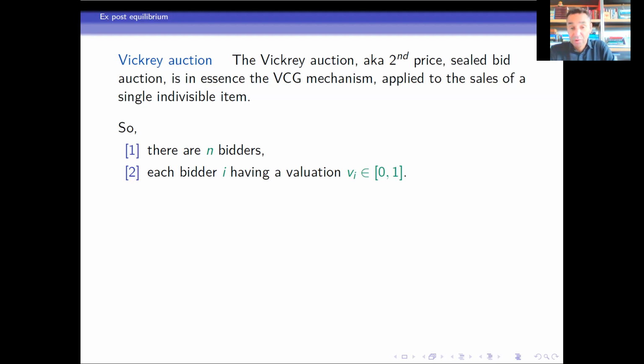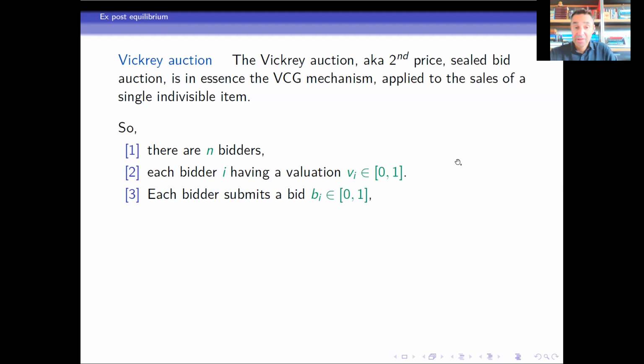And if you own it, then you have this valuation v_i. So that is the setting. And that means that bids in this auction reduce to simply bidding a number. And so that means that reported valuation functions are very simple objects. In this case, they are simply one specific real number.